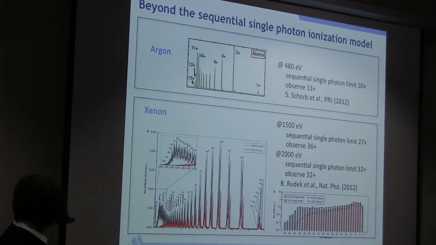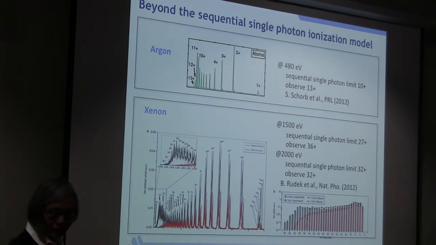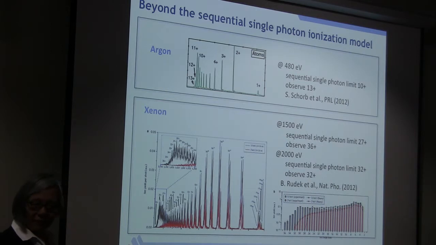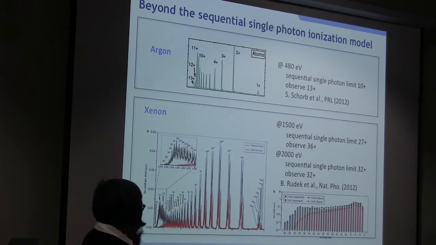And in xenon, at 1500 eV, this limit was 27+, but they observed 36+, right? That's a pretty big difference. But when they were at 2000 eV, everything worked properly. So that's really an odd thing. And this was led by Artem Rudenko and Daniel Wallace, and was published in another journal.